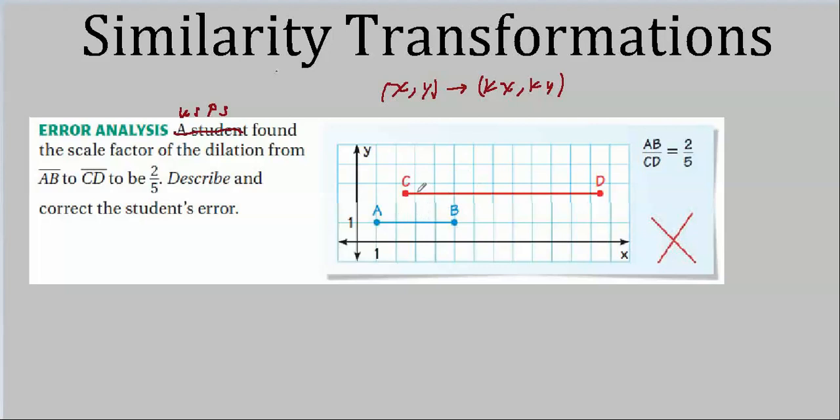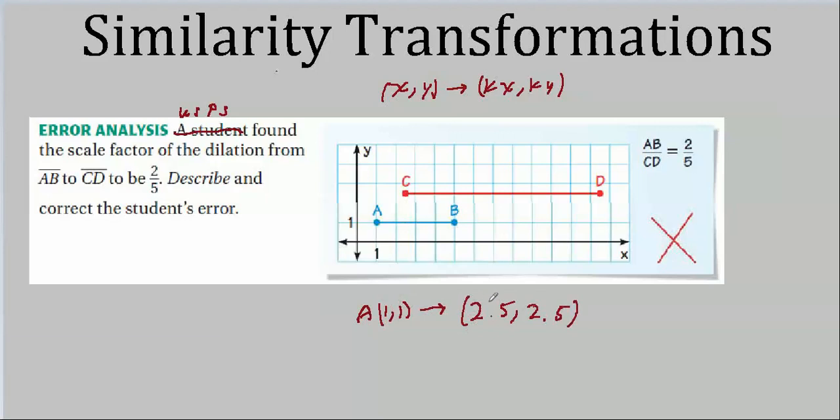To get the dilation factor, you need the coordinate for A and then the coordinate for C. And what is that? Well, this is 1, 1. So we have A is 1, 1. And that goes to 2.5, comma 2.5. Ooh, that's not that point. 2.5. Well, if 1 goes to 2.5, I'd say that's a dilation factor of 2.5.